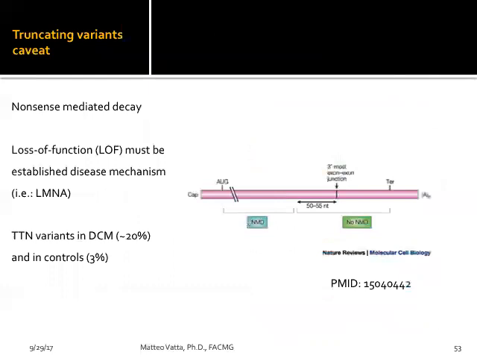It's equivalent to what we call haploinsufficiency. So that one particular allele will not express the protein. But if it occurs later, they still may have a protein, but that protein may or may not be functional. So that's why you need additional evidence for that.